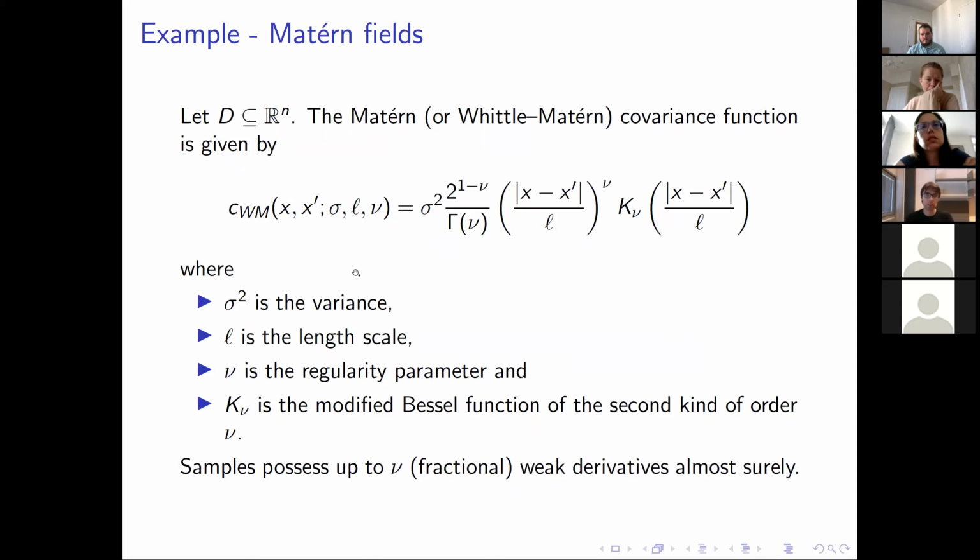Sigma squared is the variance of the field, L is the length scale as in the previous talk, and nu is my regularity parameter that expresses the smoothness of the samples from such a Gaussian field. Basically, the samples in this case will possess up to nu fractional weak derivatives almost surely.